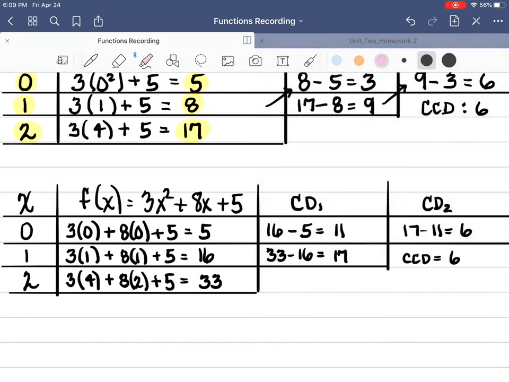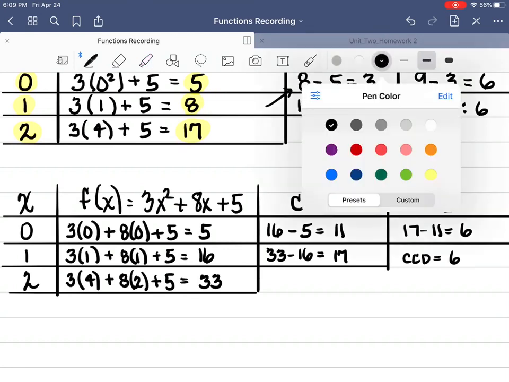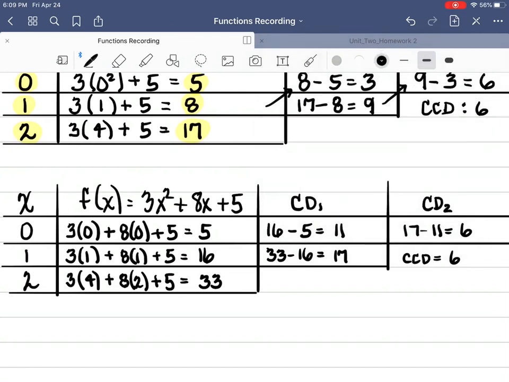This is a good example of why I probably do need one more. But I'm going to go with my gut on this one and just leave it be and hope it is okay. So the outputs were 5, 16, and 33. And then the common consecutive difference is not what we need.